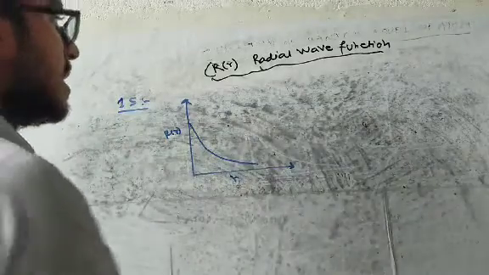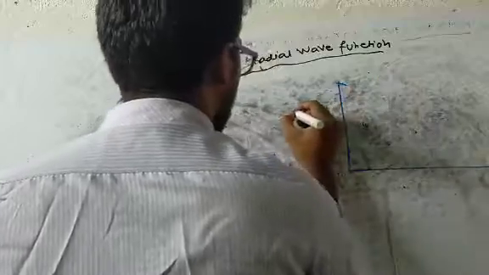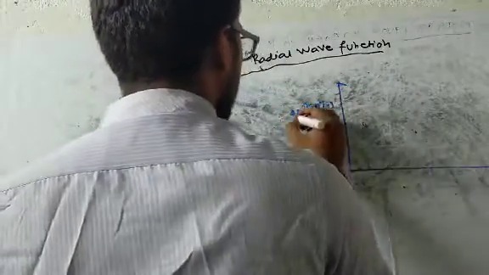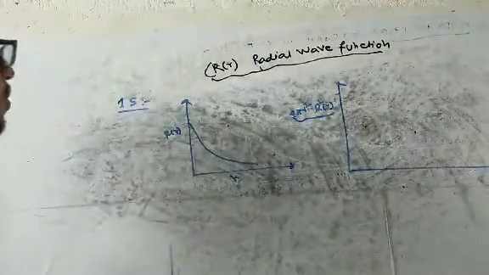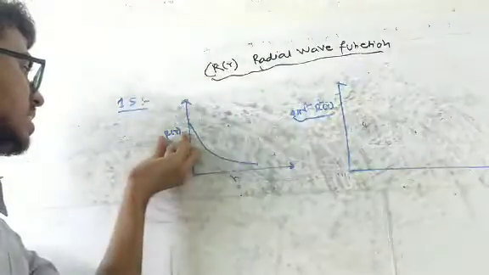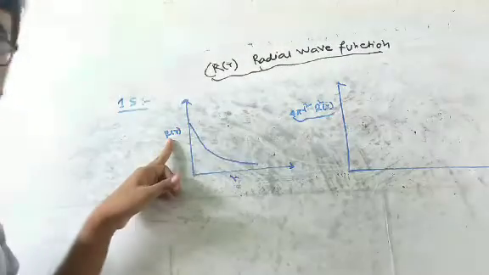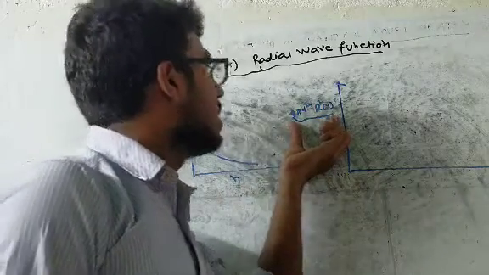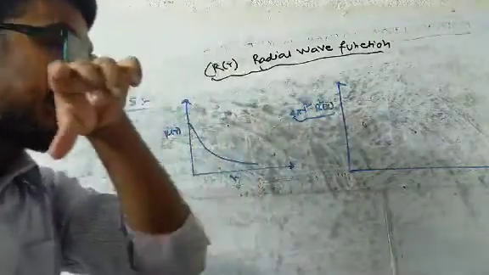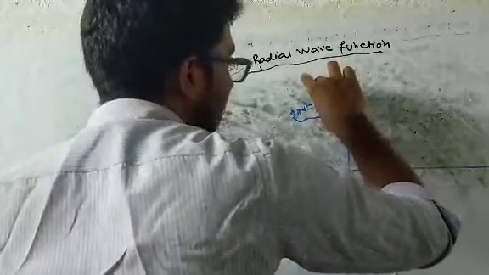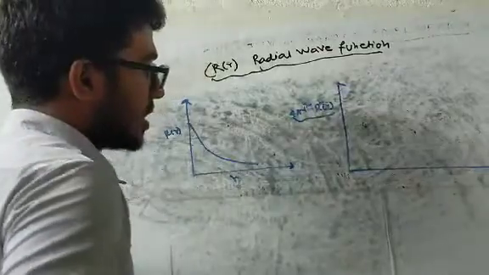But if I draw the graph of 4 pi r square R square of r, because now we know the probability of finding the electron does not depend only on the radial wave function, but on this part, 4 pi r square R square of r. So that means the square of the radial wave function into 4 pi r square.